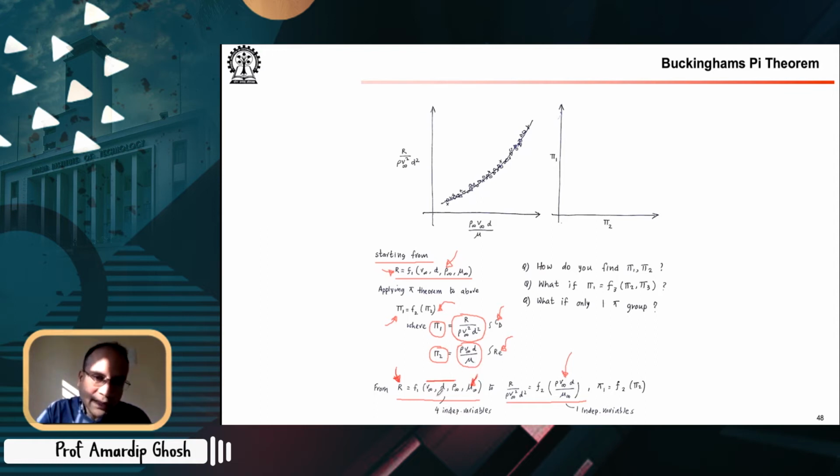Again, you can vary these parameters and test the effect again. For some experiments, you might be varying v infinity while holding these as constants.